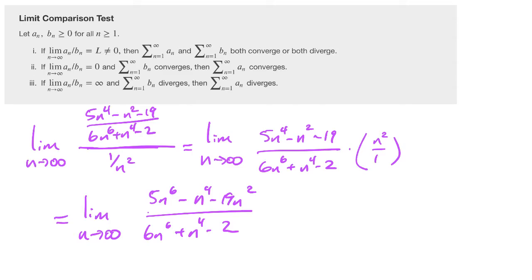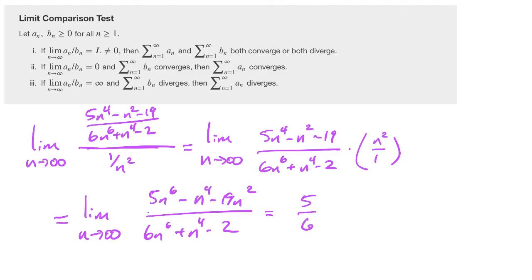Because in this case we have a rational expression with the degree of the numerator equal to the degree of the denominator, what that tells us is that the limit is really going to be nothing more than the ratio of the leading terms. And so what we really end up with is 5 over 6.